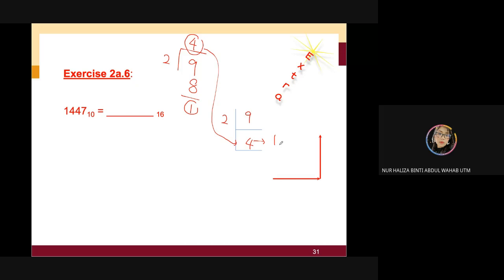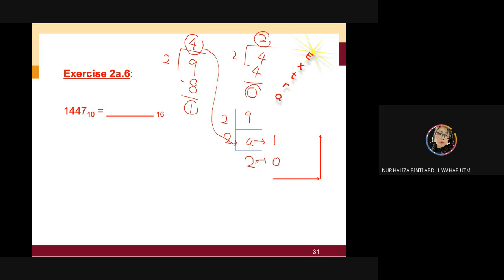And then after that we have 4, which can still be divided by 2. That's why I will do it one more time. 4 divided by 2, I will get 2, and I get 0 as remainder. So these 2 I will put here, and the remainder I will put here.